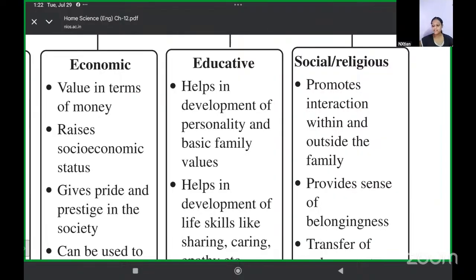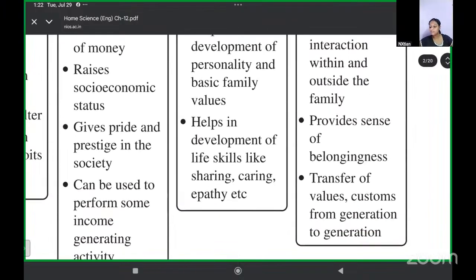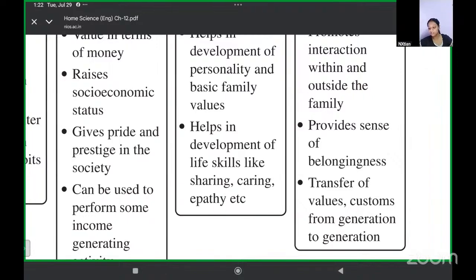Then it provides a sense of belongingness. We feel at home, we feel at ease, we feel like we belong here, with love and everything. Then there is transfer of values and customs from generation to generation. Where did you learn about faith first? From mom and dad, right? When you were very little, they taught us about faith and about prayer. They were the first to teach us about religion.